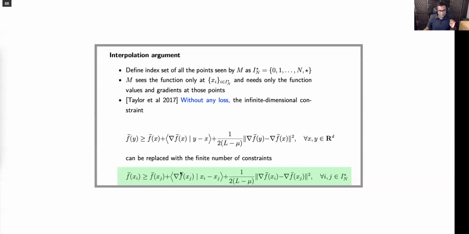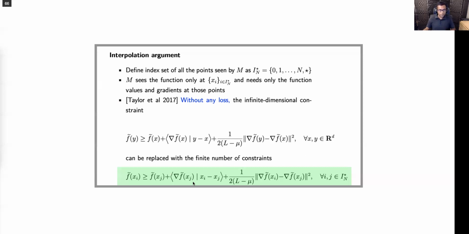What Taylor and his co-author showed is that if we have the discrete points where we are evaluating the function, the gradient, and the points themselves, then from that we can actually go backwards and construct an L minus mu smooth function. So it is true in the opposite direction as well, and this was a major result.